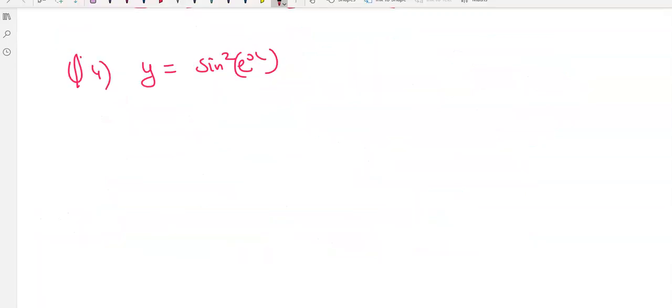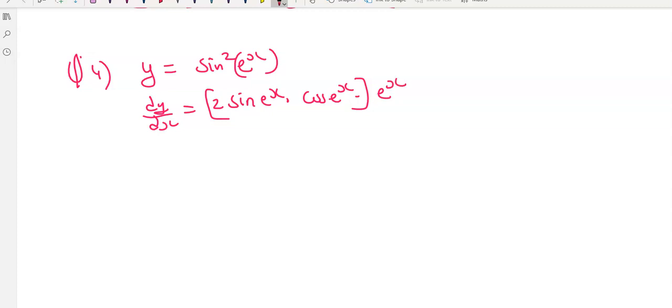Now see the question, y is equal to sine square e to the power x, dy by dx is 2 sine e to the power x. Derivative of sine is cos angle e to the power x as it is, and derivative of e to the power x is e to the power x.